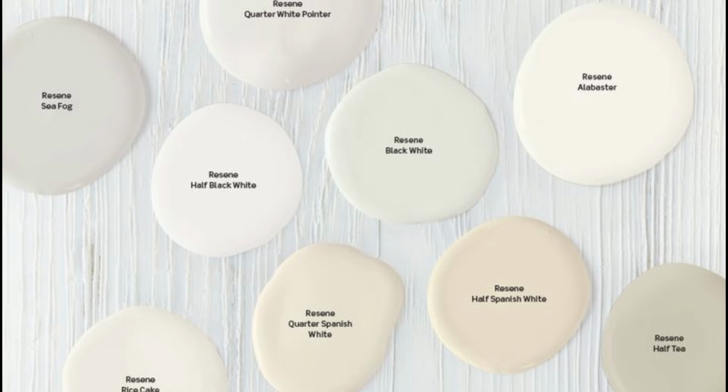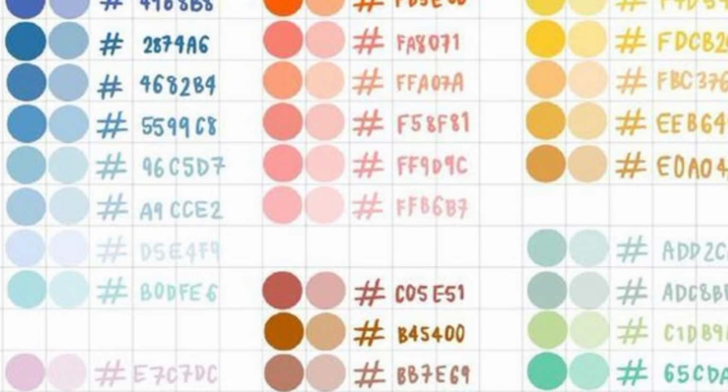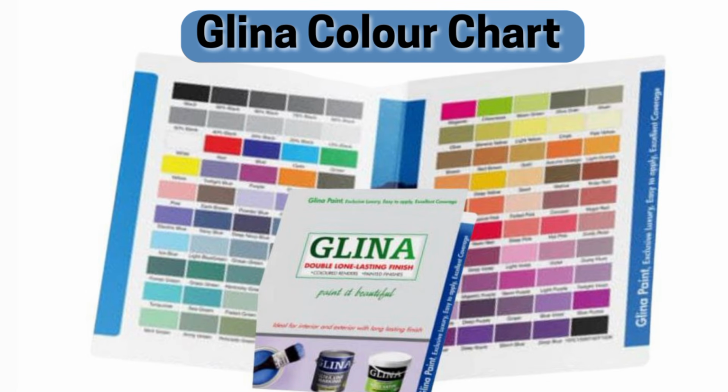That is the reason why you should stick to your own color code, have your own color chart, and also enlighten your customers or clients that your color might differ from that particular color which you were asked to produce.